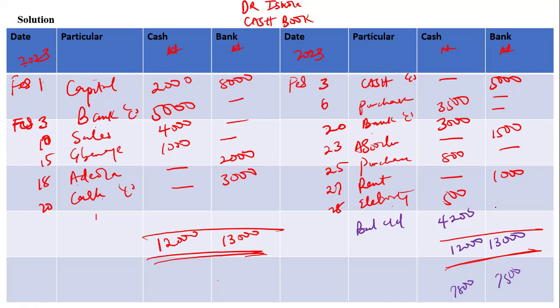That will give us 5,500. So what's taken to the next period is the balance brought down. The balance brought down is 4,200 and 5,500. So that is for double column cash flow.